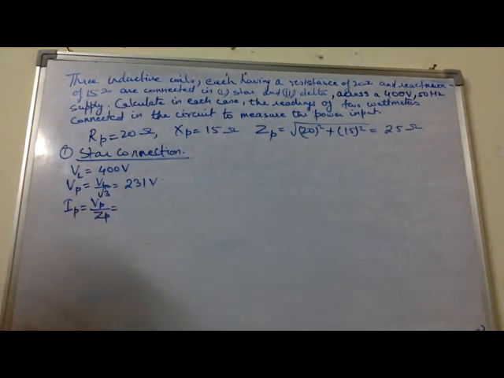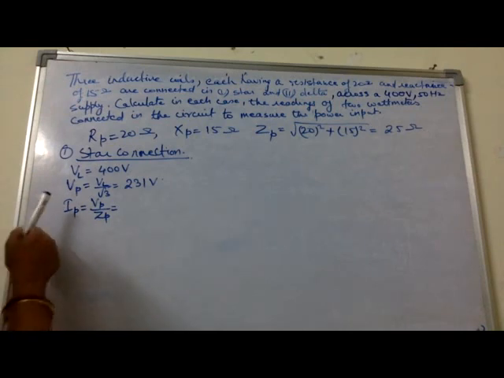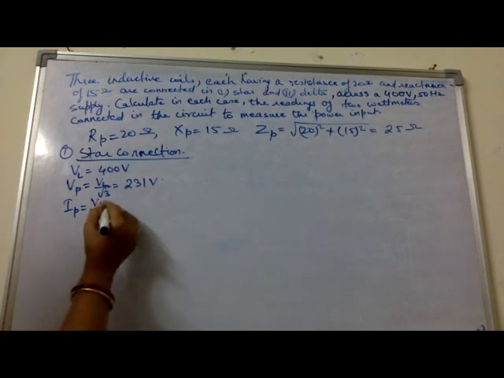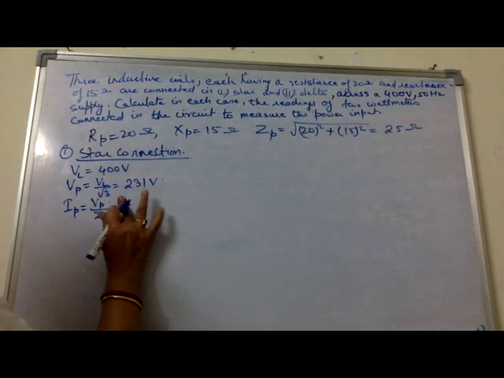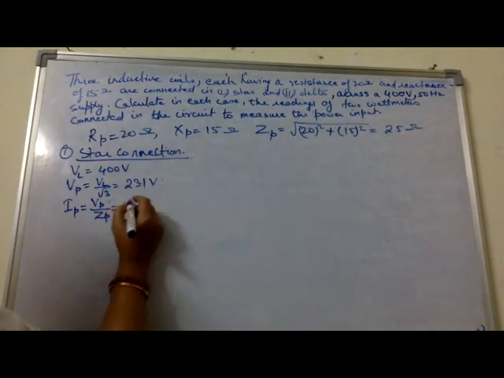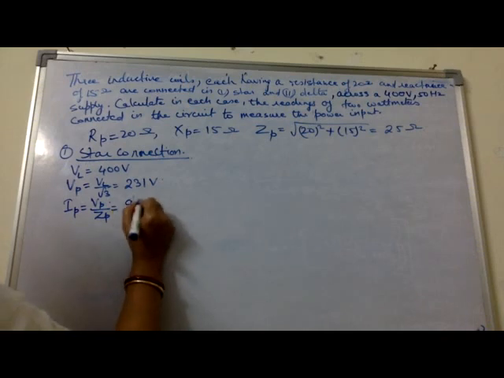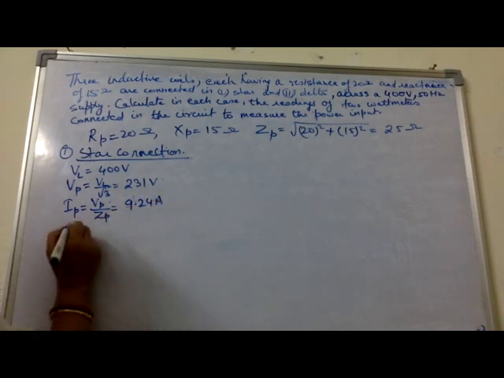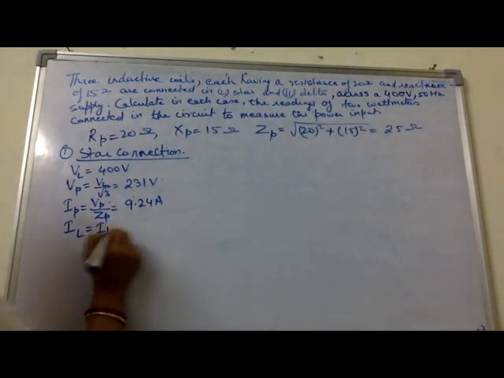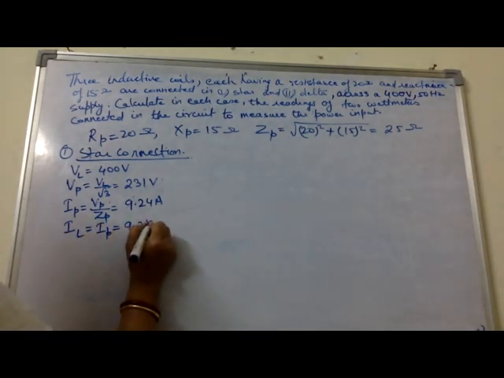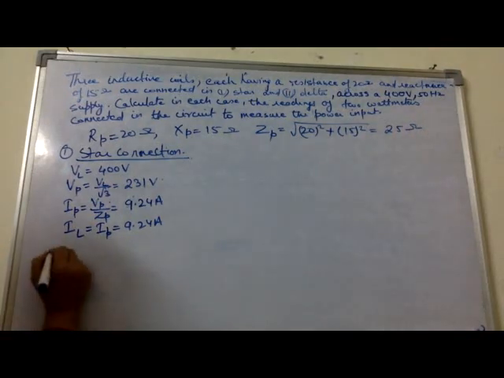As I told you before, that is the way of calculation in three phases. Calculate the per phase voltage, then calculate the per phase current. That will be voltage per phase divided by the impedance per phase. So 231 divided by 25 will give you 9.24 amperes. In star connection, the line current is same as the phase current. So this will be 9.24 amperes.